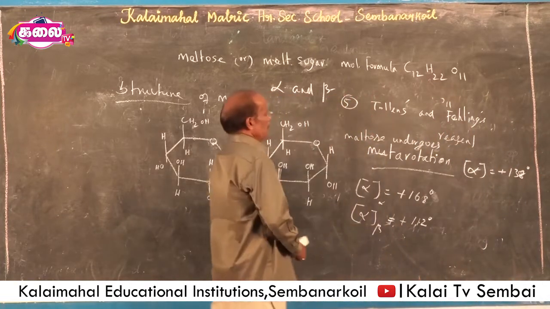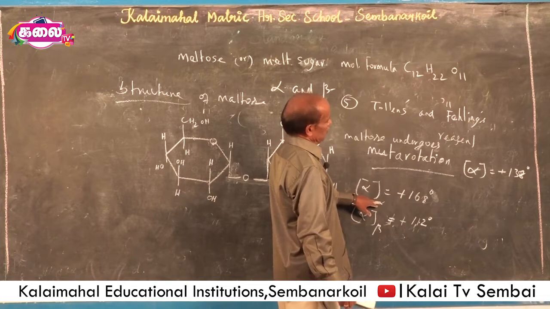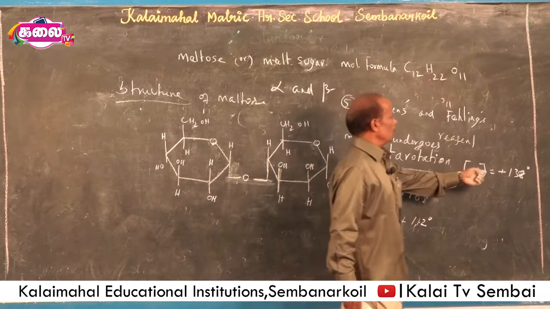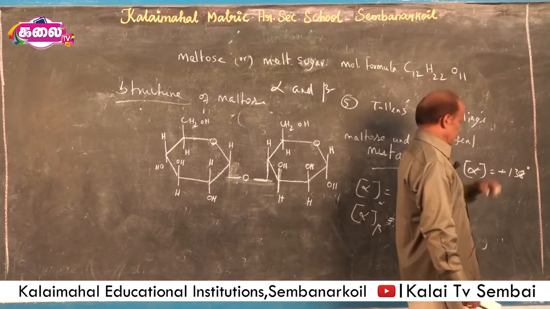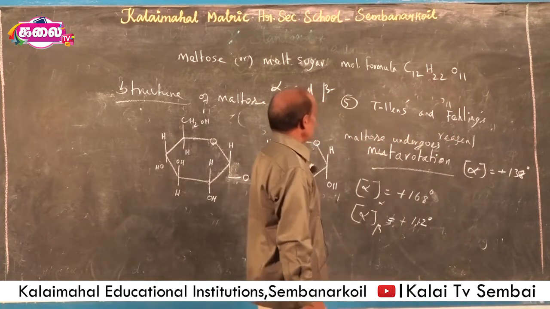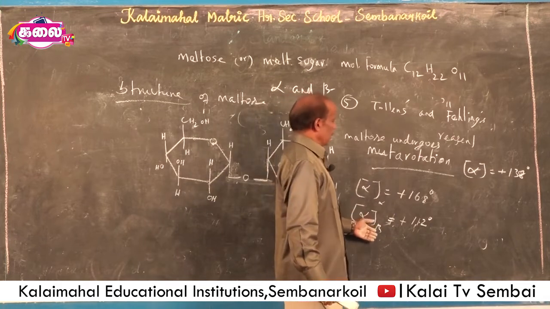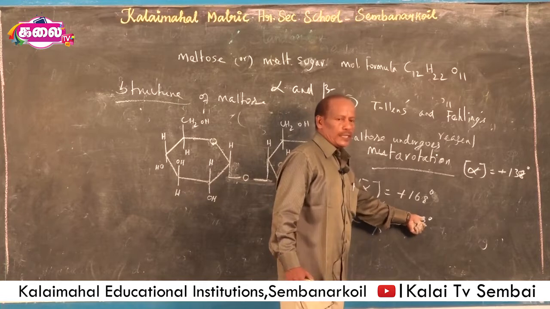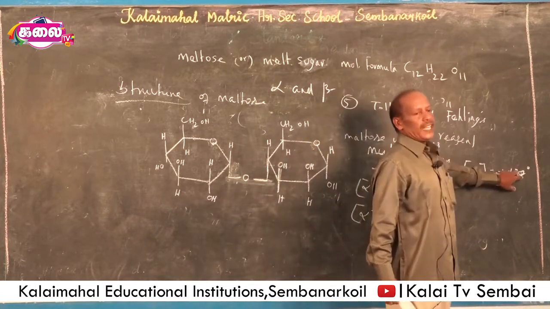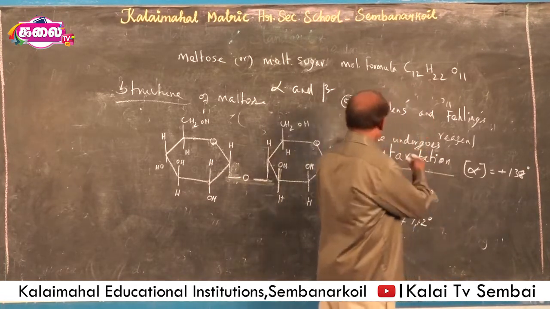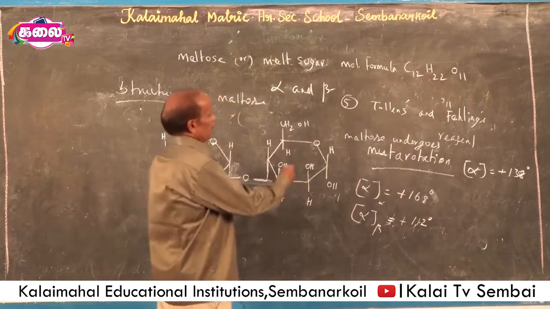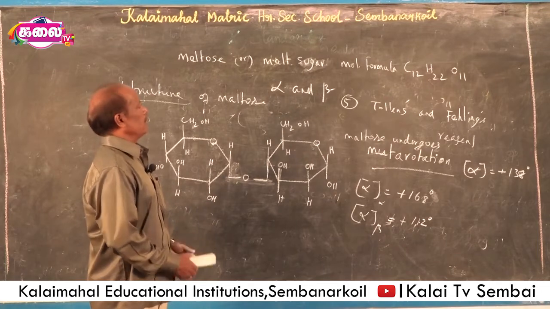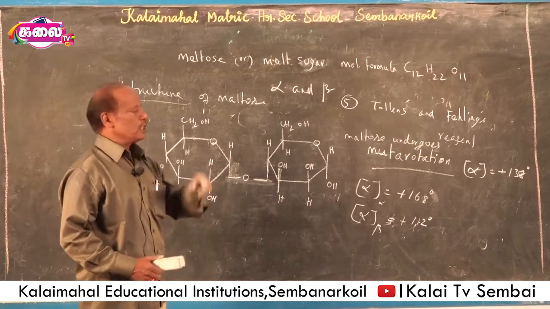That is, the specific rotation of the alpha form decreased from plus 168 to plus 138 degrees, whereas that of the beta isomer increased from plus 112 to 138 degrees. This property, mutarotation, which is a physical property, shows that maltose exists in two isomeric forms.